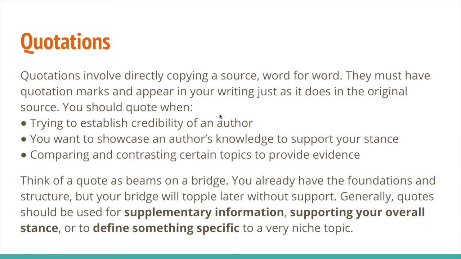Quotation involves directly copying a source word for word. So it's taking a small chunk of a source and putting it directly into your paper. Your quotation should have quotation marks around it, and inside the quotation marks should appear in your writing exactly as it does in the original source.